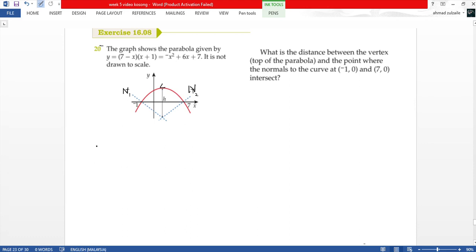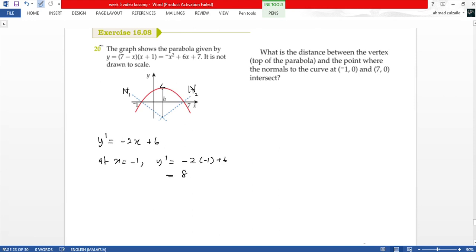Okay, so y prime dahulu, differentiate, dah dapatkan gradient of tangent. Negative 2x plus 6. So at x equal to negative 1, y prime become negative 2, negative 1 plus 6 is equal to 8.